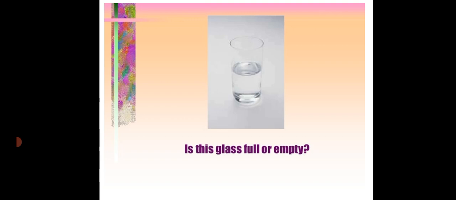Now we have to answer the question: is this glass full or empty? We cannot give the accurate answer. That is fuzzy. Can you answer whether this glass is full or empty? Yes, this glass contains water, or this glass is empty of water. No, unpredictable.